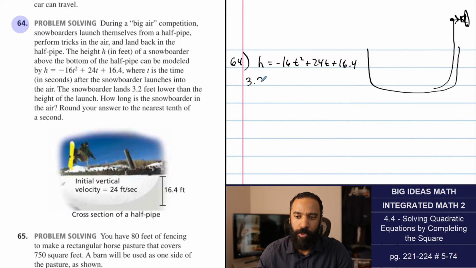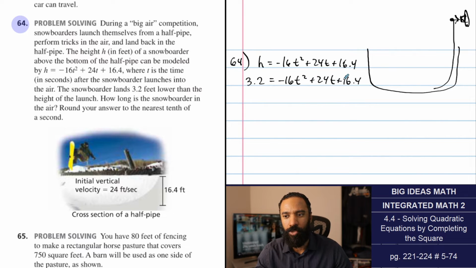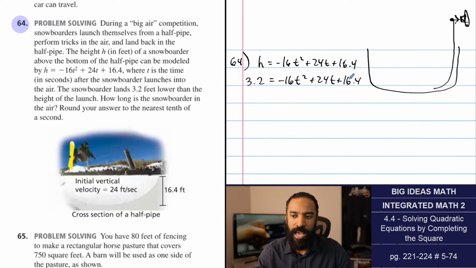So let's do 3.2 equals negative 16t squared plus 24t plus 16.4. I'm not as compelled to multiply by this and that, because if this side's a decimal, that's fine. It's just about this part that if I need to factor something out, I will.